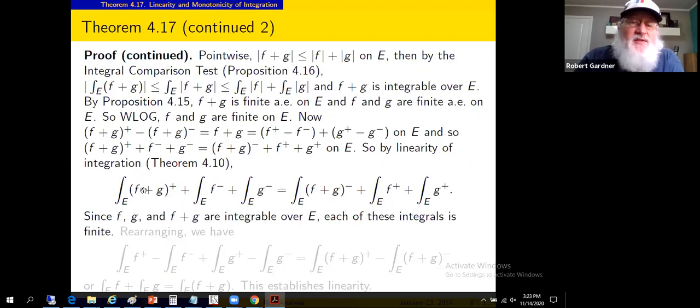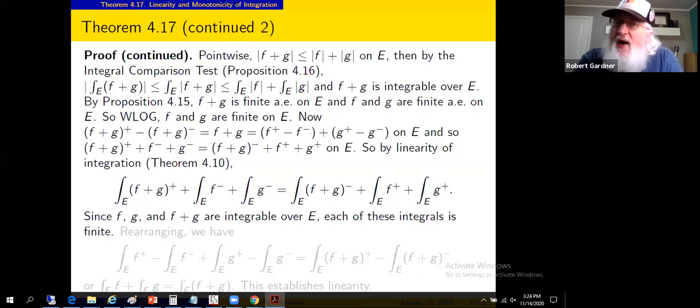The integral of the left-hand side is this, and by the way, all of these are finite numbers. Integrating the right-hand side produces these three integrals. Again, everything's finite. All these integrals are finite by the integrability hypotheses. So we can do subtraction, right? You be careful with that subtraction unless you know you're dealing with finite quantities when you're doing this extended real number stuff. So we can rearrange things with no concerns about infinity minus infinity. Everything here is finite.